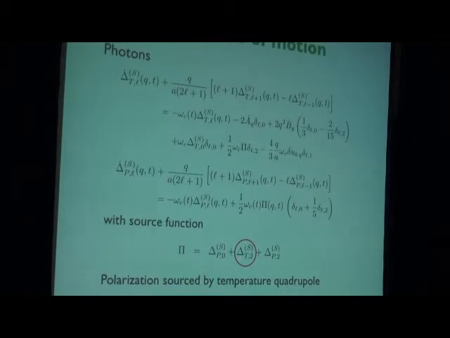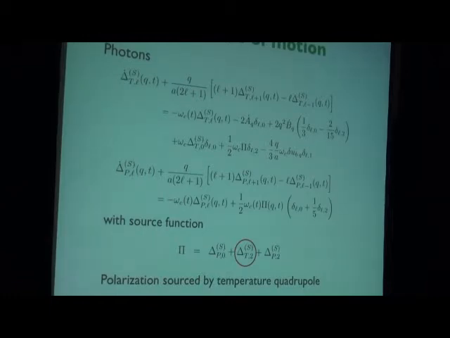So in the absence of this, the P0 monopole is damped, also all the odd ones are damped, and also the quadrupole is damped. So all the polarization multipoles are damped, or erased, by Compton scattering. The polarization is really only sourced by the quadrupole in temperature. And this makes intuitive sense.